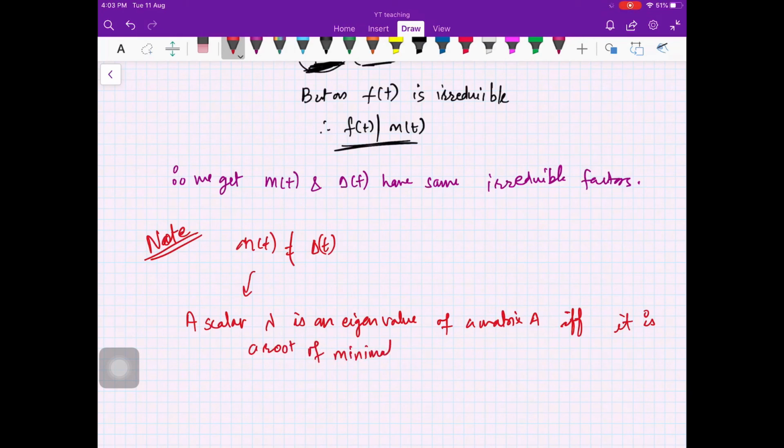You see, we defined the eigenvalues as the roots of the characteristic polynomial. But now, as we saw that the characteristic polynomial and minimal polynomial have the same linear factors, we can say that lambda is an eigenvalue if and only if it is a root of the minimal polynomial. Right. So, in the next video, we are going to see how we can use these two theorems to find the minimal polynomial of a given matrix.